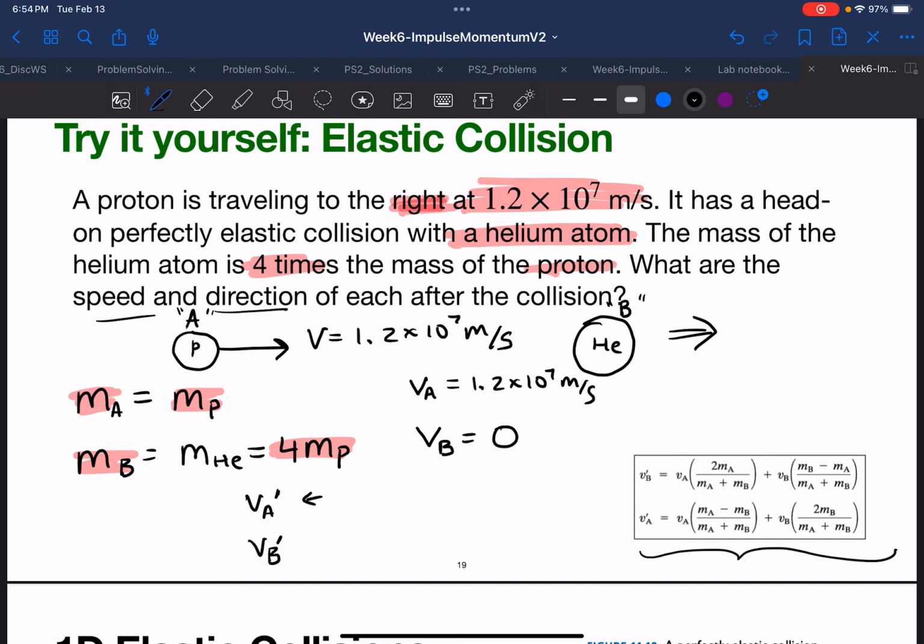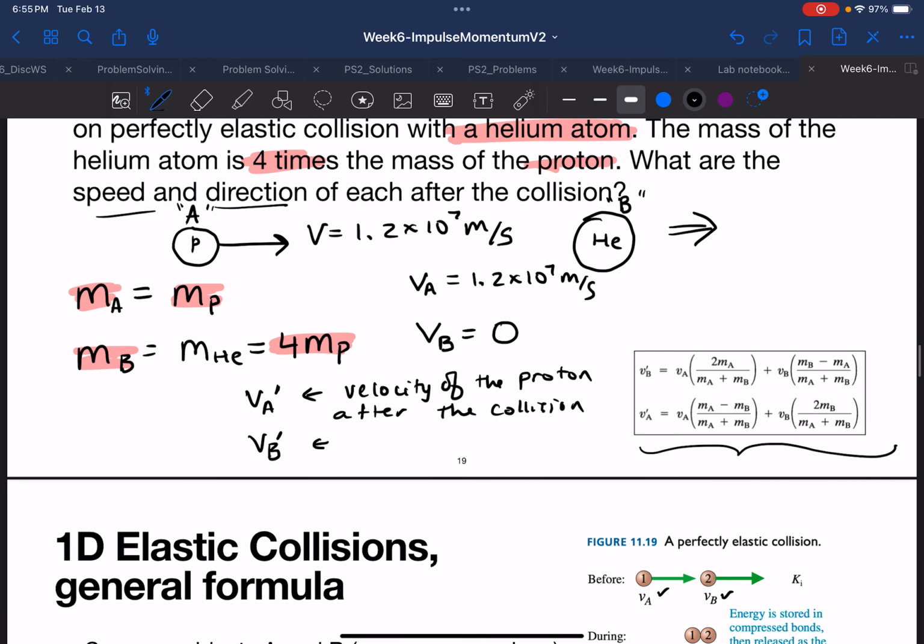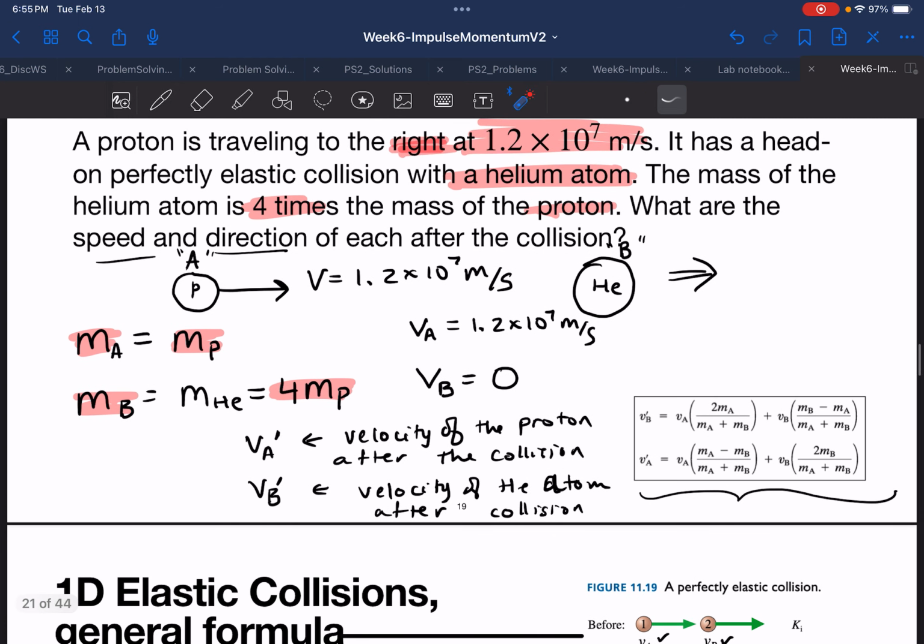VA prime will be the velocity of the proton after the collision, and VB prime will be the velocity of the helium atom after the collision.